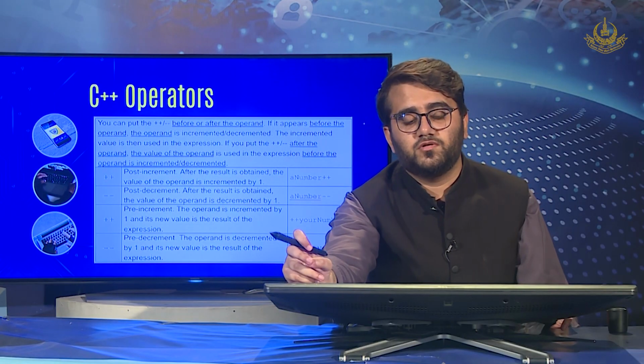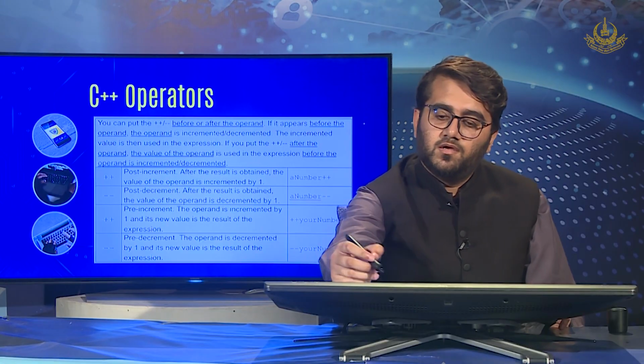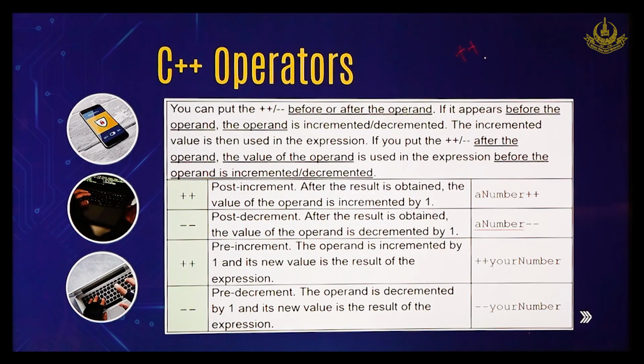Then we have four more operators. The first operator is post increment. The second operator is post decrement. The third operator is also increment with pre, and the last operator is decrement with pre.